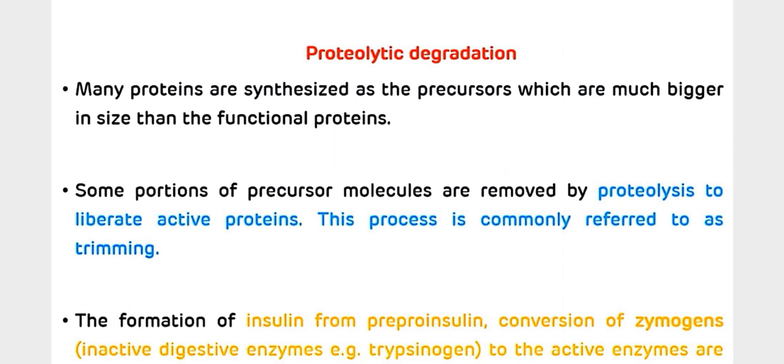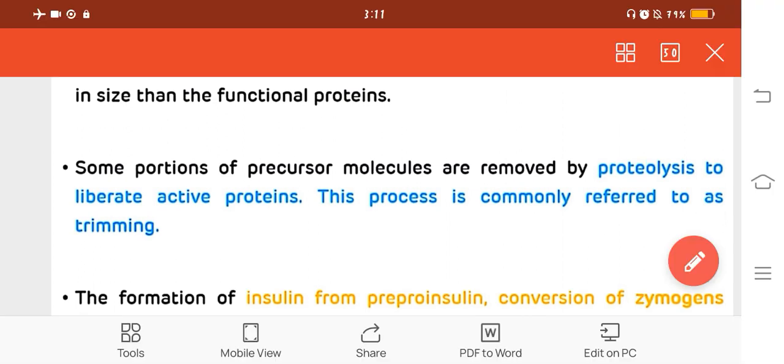Proteolytic degradation. Many proteins are synthesized as precursors, which are much bigger in size than the functional proteins. Some portions of precursor molecules are removed by proteolysis to liberate active proteins.